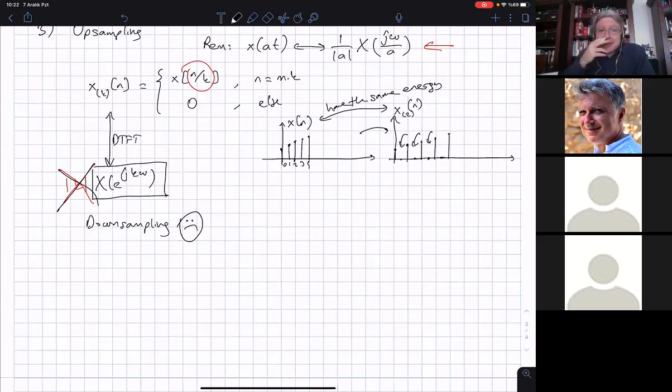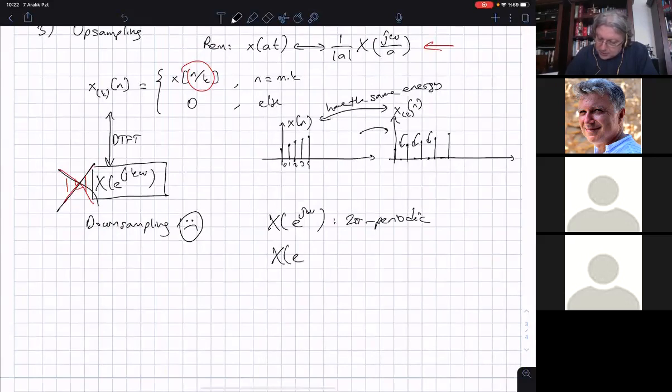Because if capital X of e to the j omega is 2 pi periodic, unfortunately, capital X of e to the j omega over 2 is not 2 pi periodic.